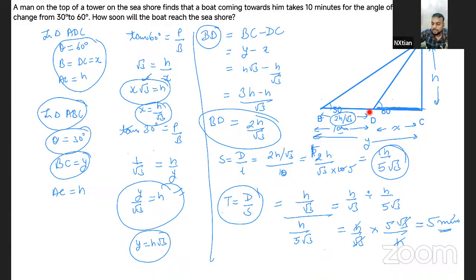If I calculate the speed, then I will get the time also. So BD is the distance 2H by root 3, which I got, and the time taken is 10 minutes. If I calculate, the speed is H upon 5 root 3. The speed is the same, and the distance is now the X distance he has to cover, which is H upon root 3. If I solve it, I'll get the answer as 5 minutes.